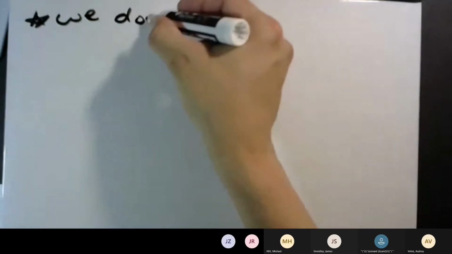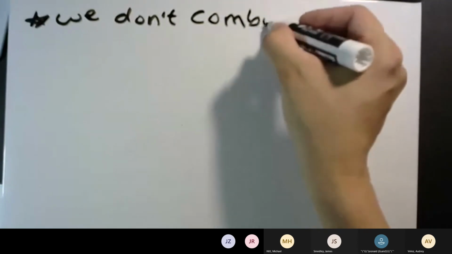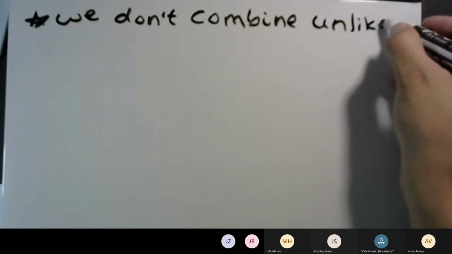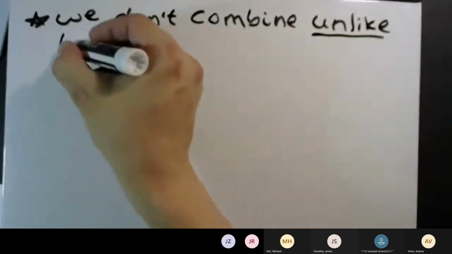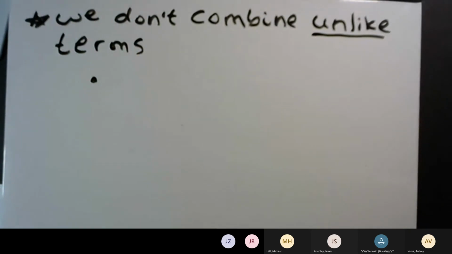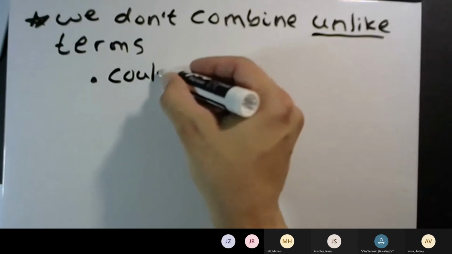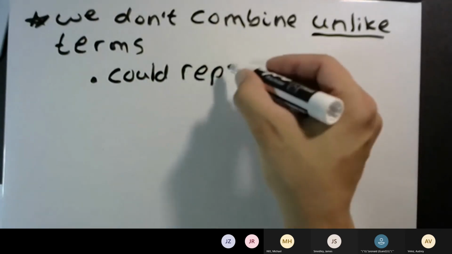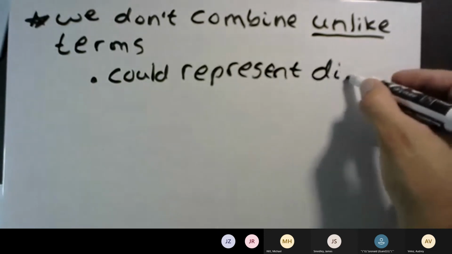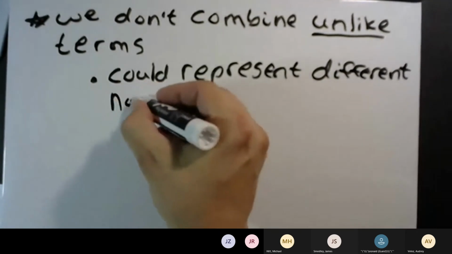We don't combine unlike terms. And the reason is this. They can represent different numbers.